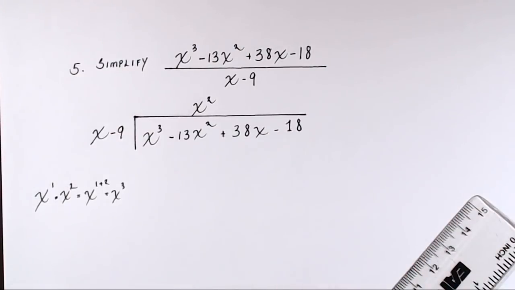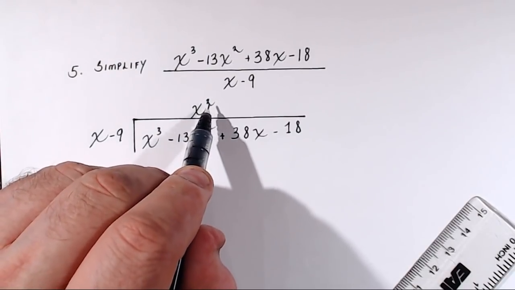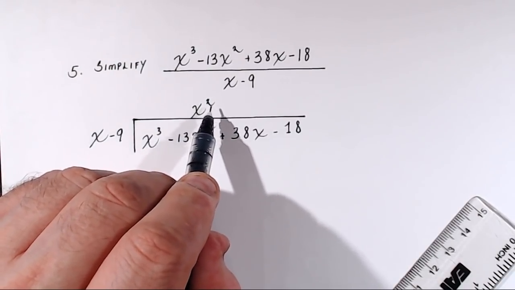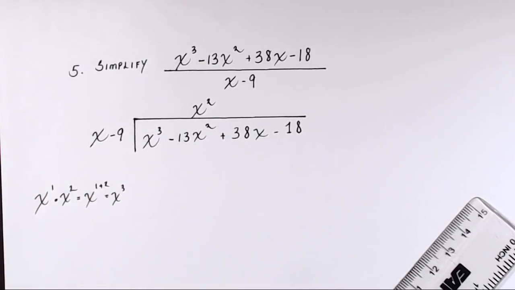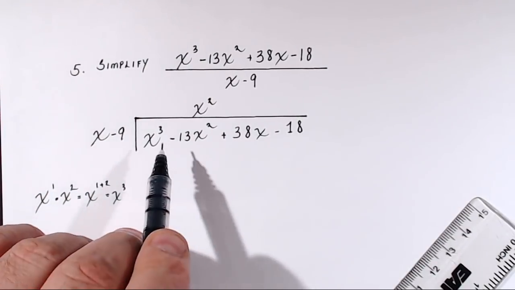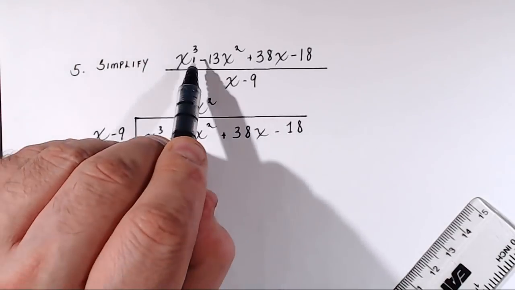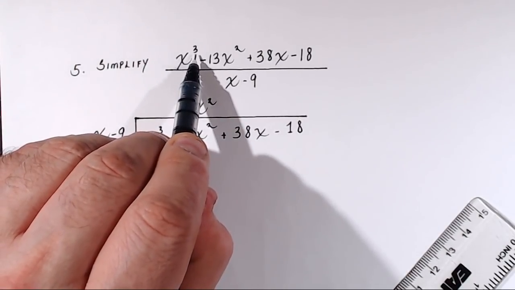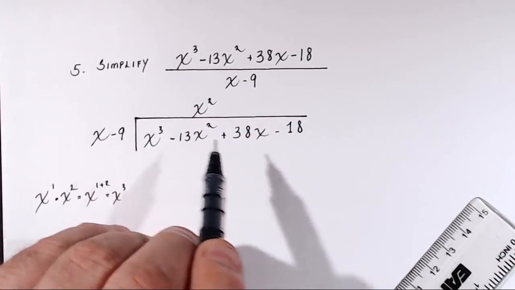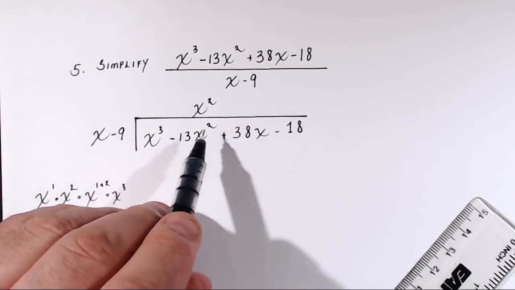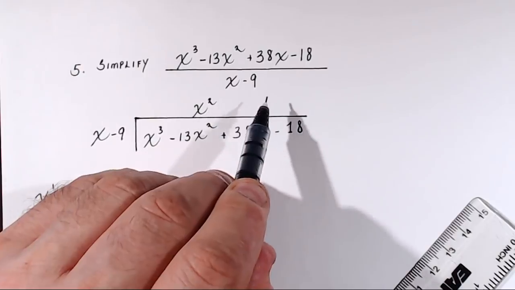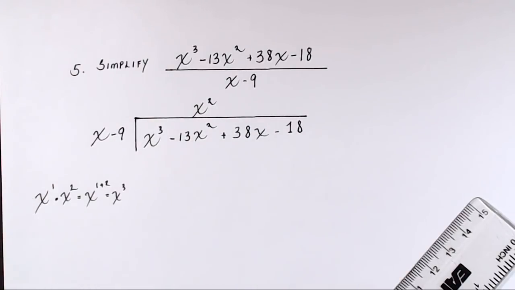So I know that my quotient is going to be a quadratic because the highest degree term is squared. So I'm dividing a cubic by a binomial. Cubic because the highest order exponent is 3. A cubic divided by a linear binomial, and the result is a quadratic.